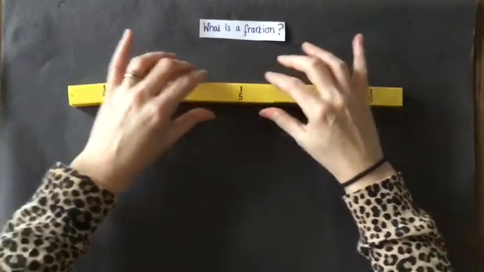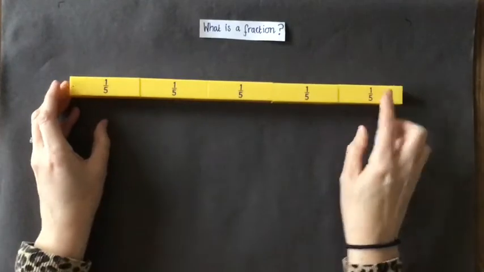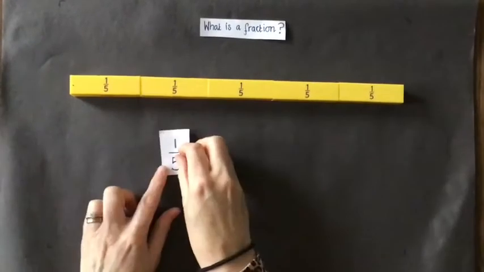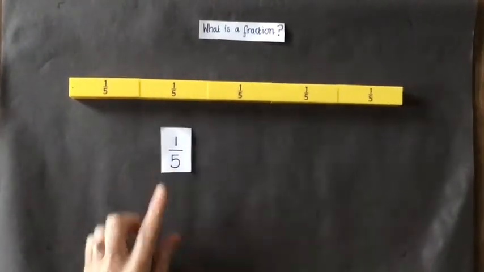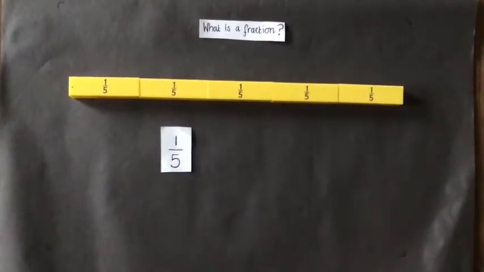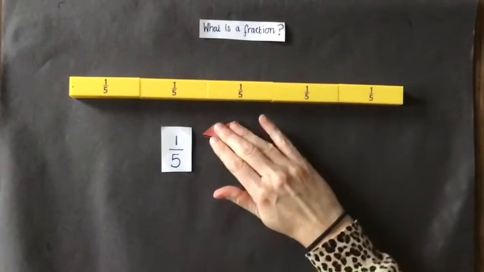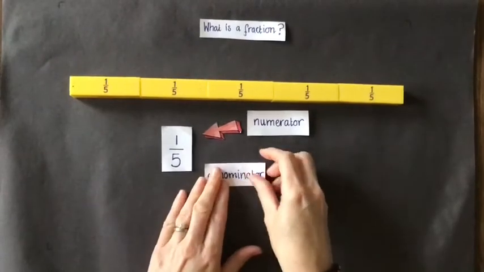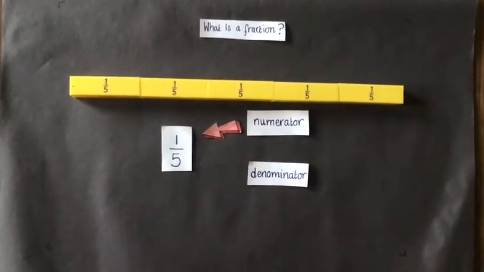Let's look at this row that has been split into fifths, and we're going to have a look at how a fraction is actually written down. Now, a fraction, when we write it down, is made up of 2 parts. On the top, we have our numerator, and on the bottom, we have our denominator.